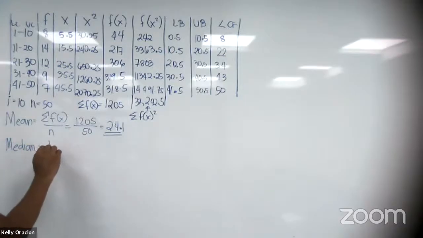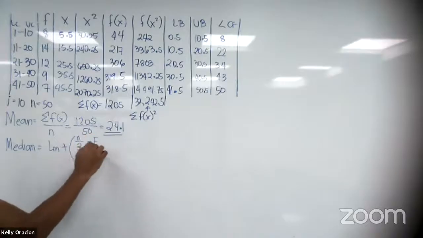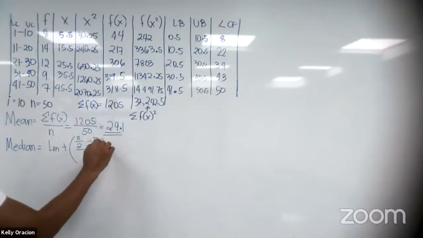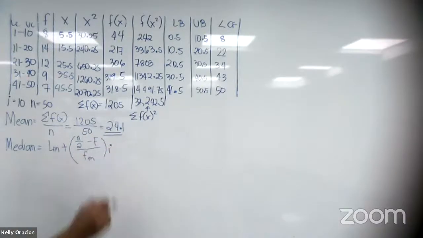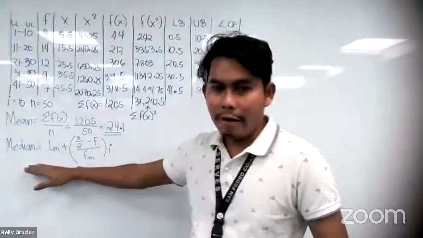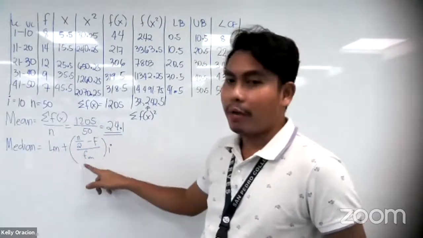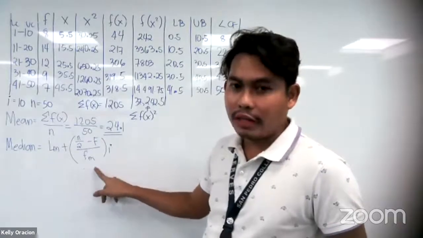The lower boundary of median plus n over 2 minus f over the frequency of the median class times i. Again, to get the median, this is the formula: n over 2 minus f divided by the frequency of the median class.